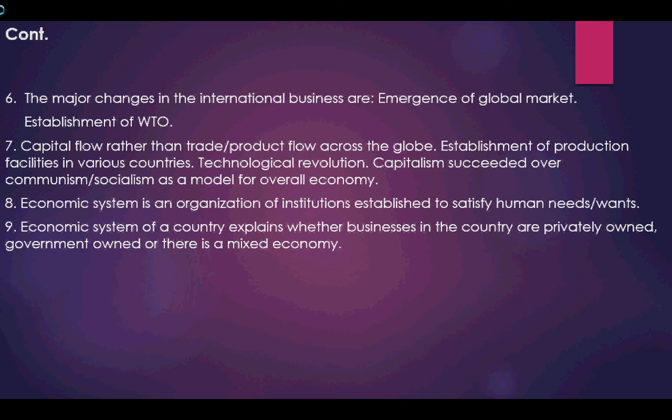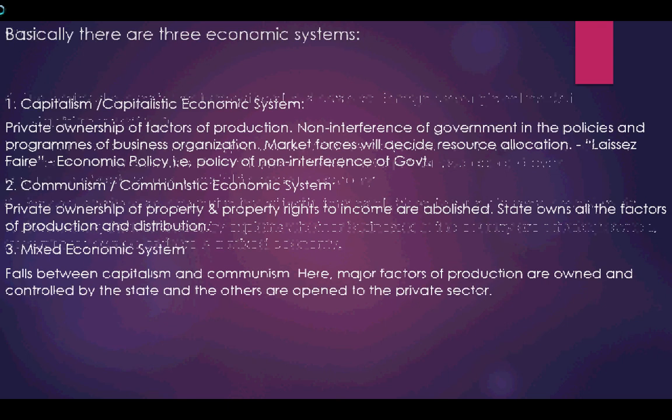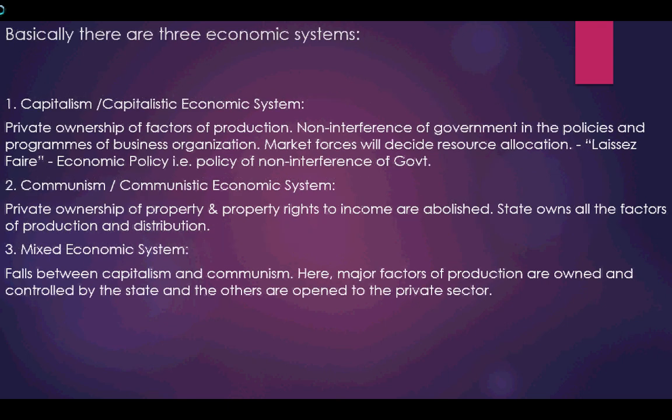Economic system of a country explains whether the businesses in the country are privately owned or government owned, or there is a mixed economy. Basically, there are three economic systems we have in the world: capitalism, communism, and mixed economy.